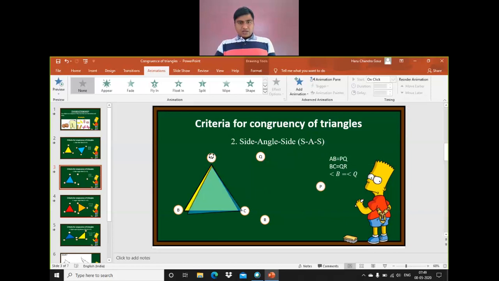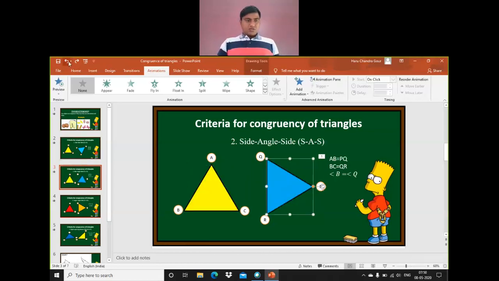See that these two triangles are overlapping to each other. Sorry, I transformed in the second slide, not the third slide. So now change, yes. Now this is my second slide.